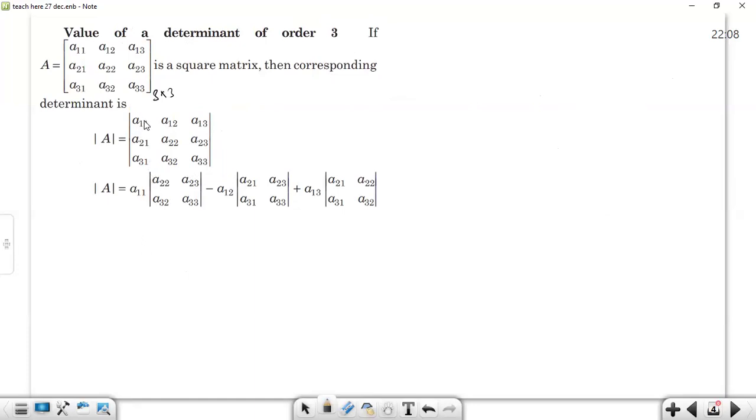First step is to choose any row. You can choose any row, first, second, third, or you can choose any column. You have to choose only one, a row or a column.